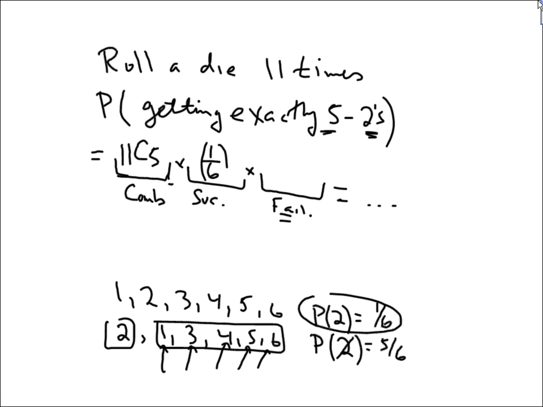Failure is not getting a 2. That probability is 5/6. How many successes do we want? 5. How many failures? The success is always right there. 11 minus 5 is 6. You want 6 failures. And there it is. 11 choose 5 times 1/6 to the 5th times 5/6 to the 6th. You have to learn how to use a calculator.